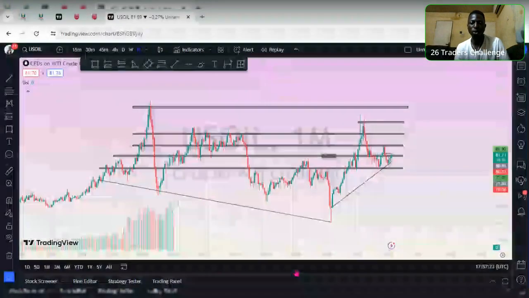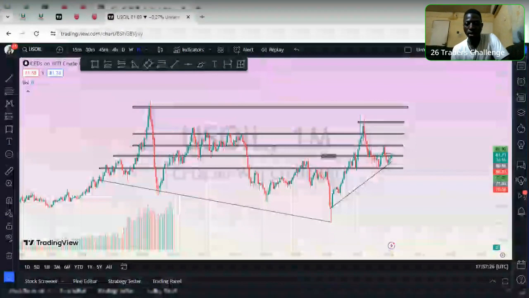So let me make a quick example based on what I said I was going to talk about: the strategies we're going to use for entries, demand and supply zones. Very simple stuff. That's basically what I'm going to be using. So let's go back to the charts.